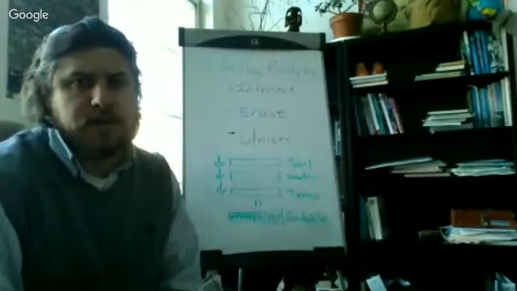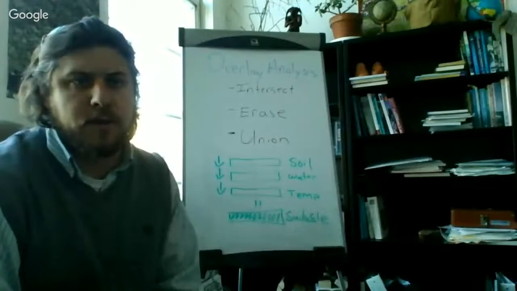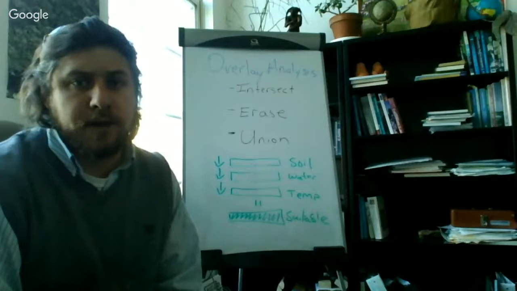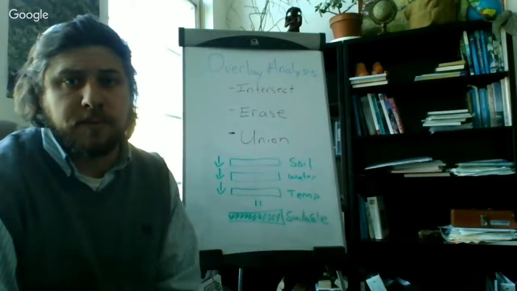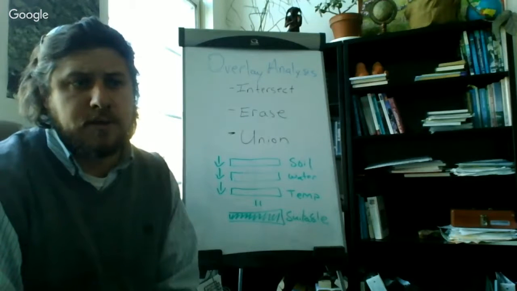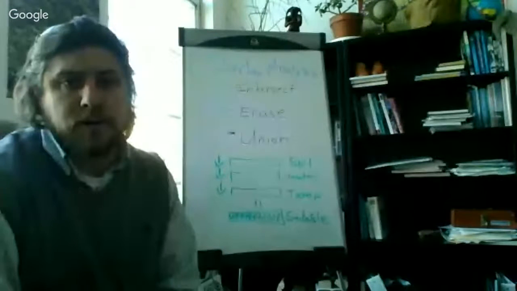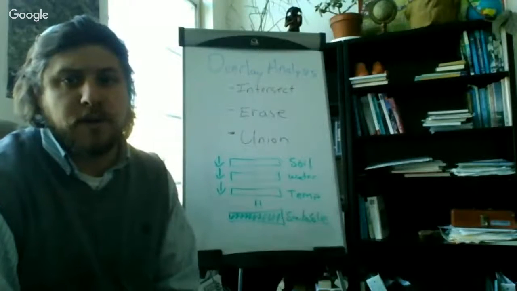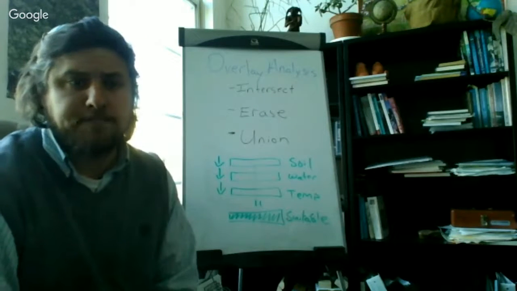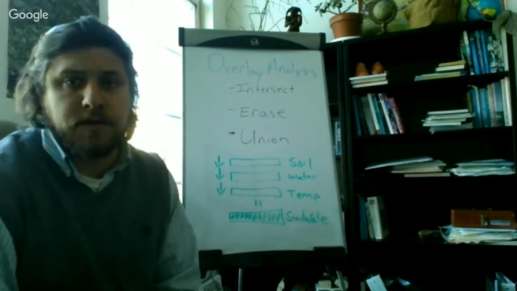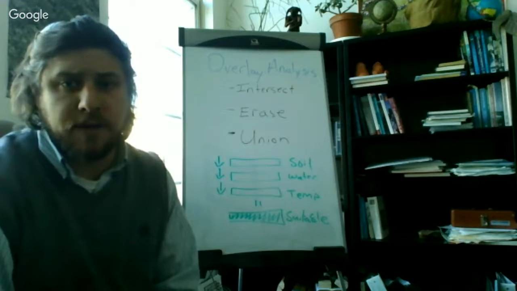So this discussion is going to focus on how we can use different layers or different features to identify places that are the most suitable for many different types of applications. Overlay analysis is done for a variety of reasons. One classic example is Walmart, which has a very good spatial model that looks at distance from a highway, proximity to neighborhoods, and different demographic and economic factors.